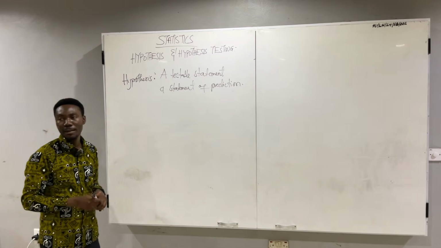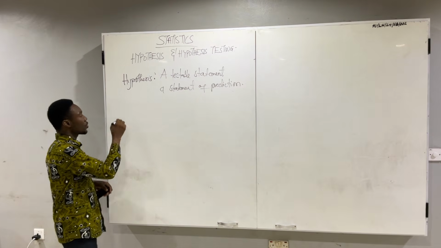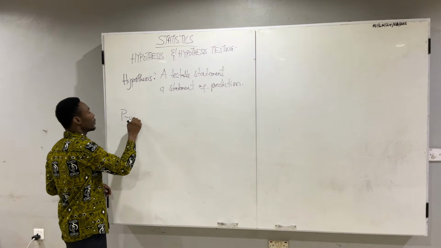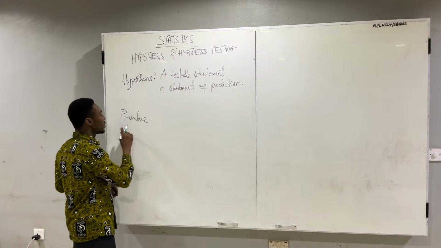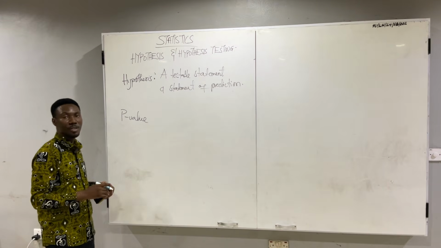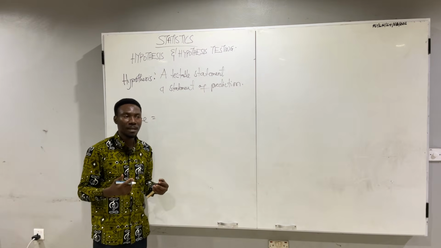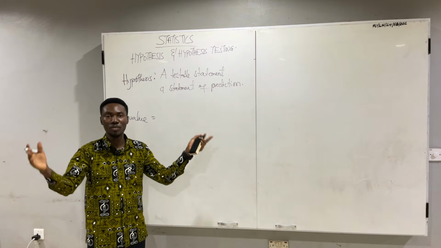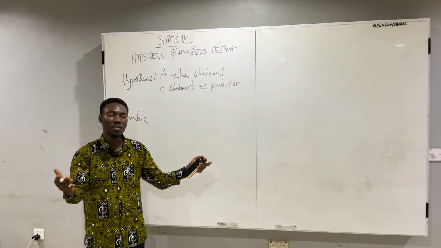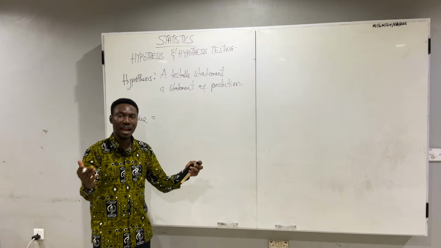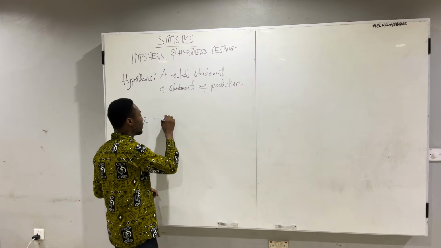Now, the last concept I'm going to introduce you to is what we call p-value. Now, p-value simply means the probability of obtaining an extreme result in a situation where the null hypothesis is true.